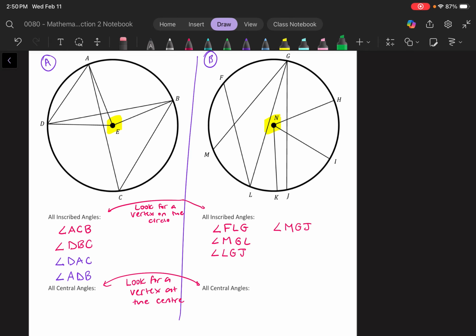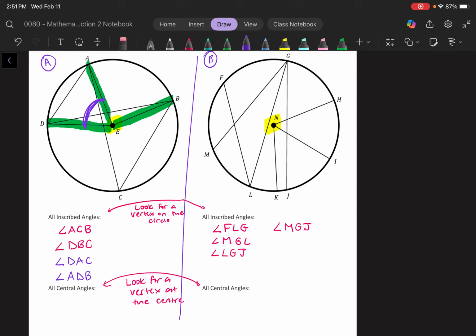Now, when I do this, I'm going to pick two radii at a time. I don't care if there's a chord running through it or something else. I'm looking for two radii. And I'm just going to take a look at my options here. So when I take a look at the first diagram, I have three different radii extending out from that central point.